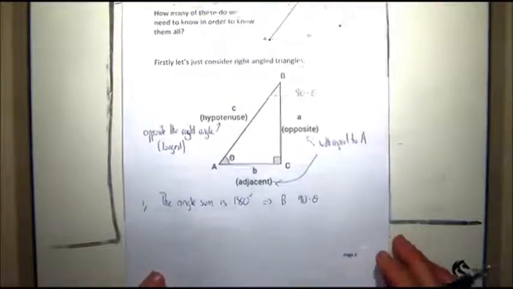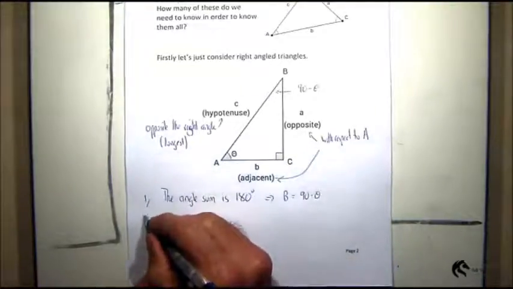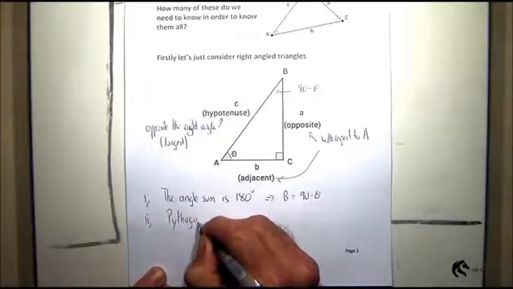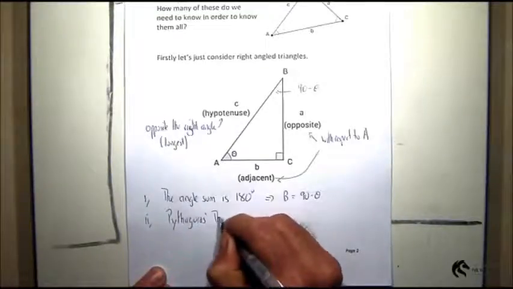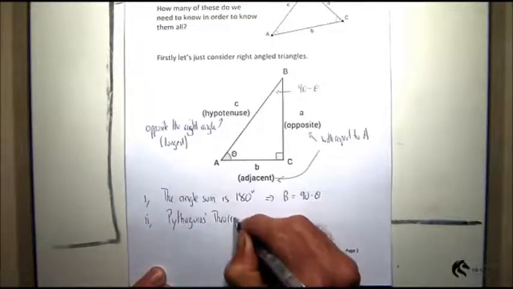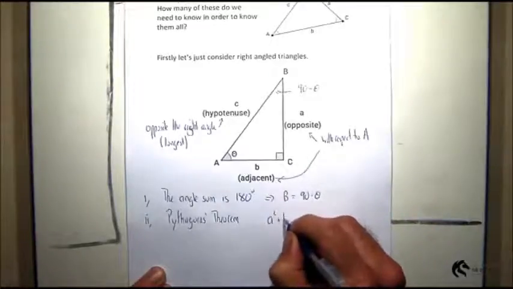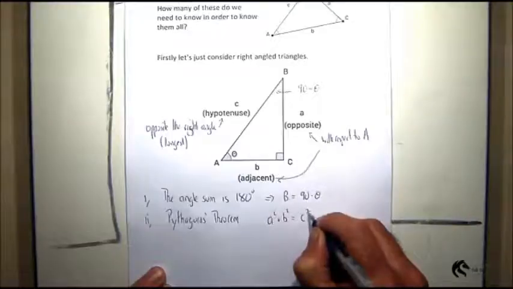The other thing that I know about right-angled triangles is Pythagoras' theorem. It says that A squared plus B squared is equal to C squared.